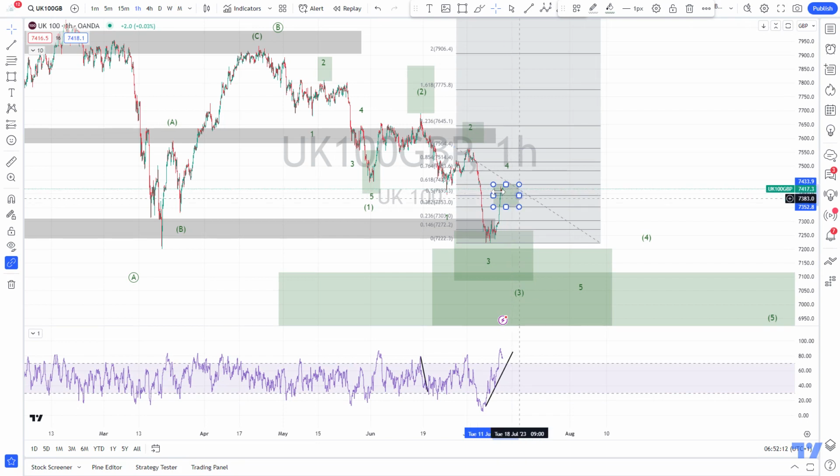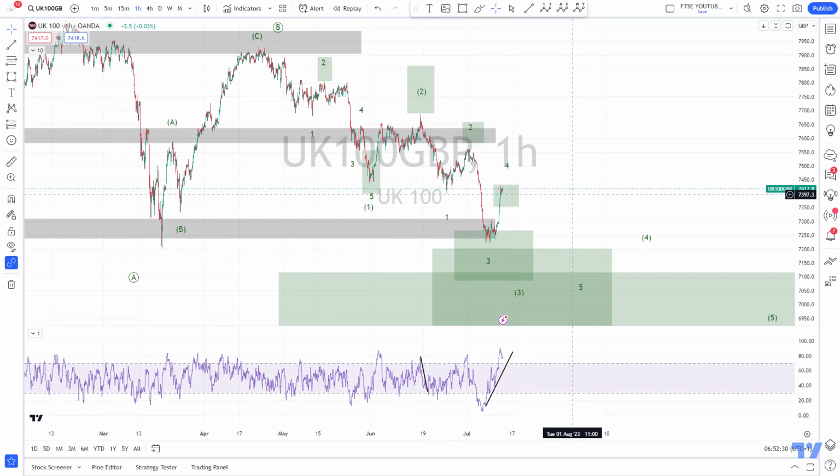So now we are in an area from where we should retrace. If we go up more, then it would mean this Elliott wave count is no longer valid, and then I have to reconsider my Elliott wave count.